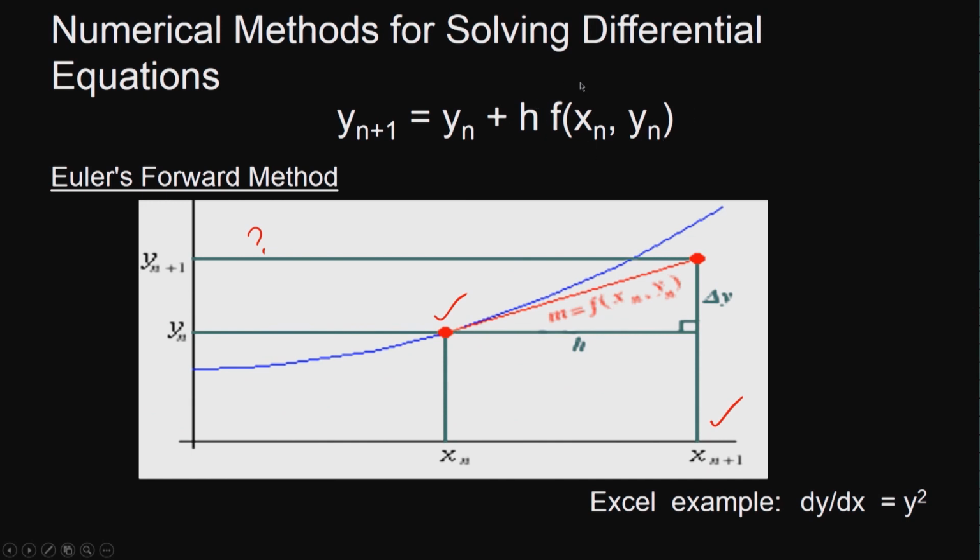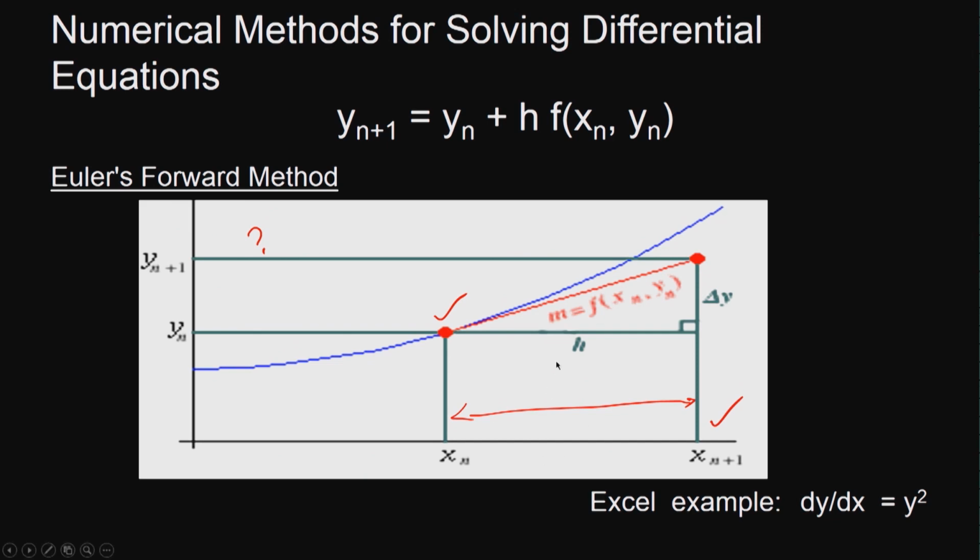This is the function which you have to substitute here. Then you go to the next time point. Depending upon how large your step length is, the error also changes, just like the numerical differentiation which I showed you.